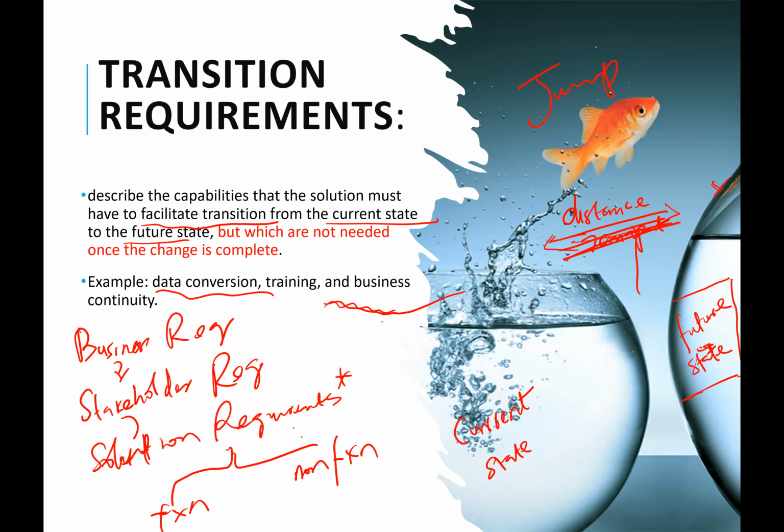So we may need to rent server space, for example, to clean our data, to reduce the amount of data we have and extract only what we need to put on our server. That's temporary. After we have cleaned and removed the data we want, we don't need that server space anymore. So that's just a transition requirement.